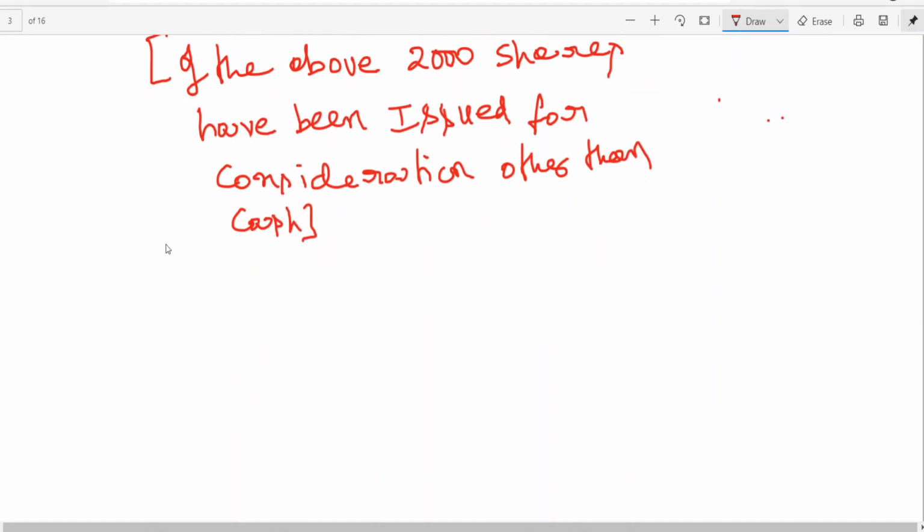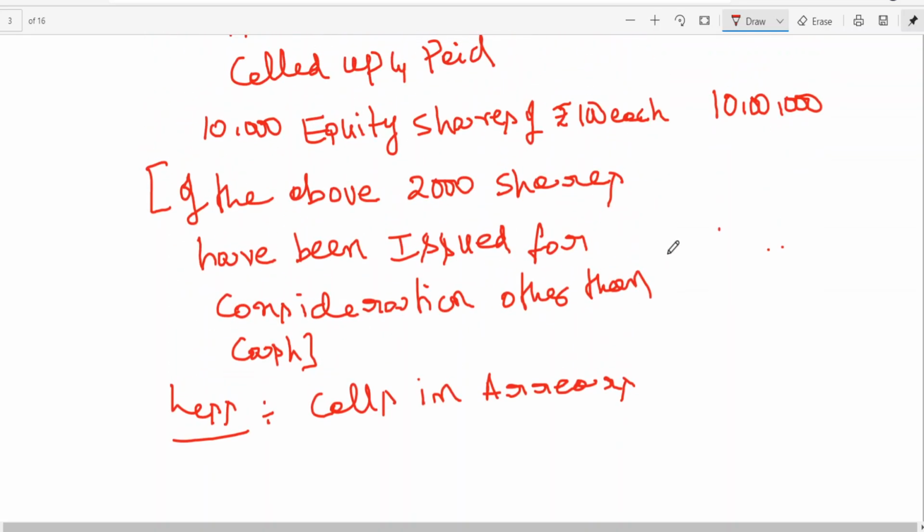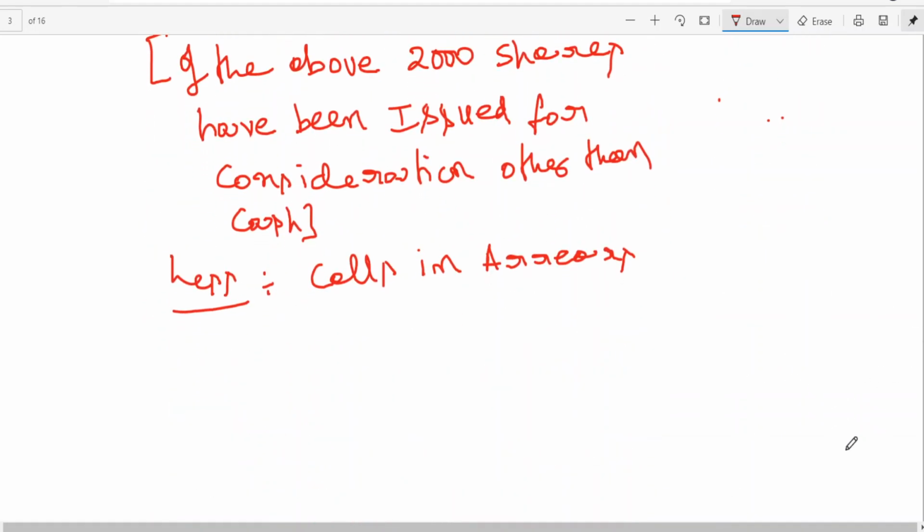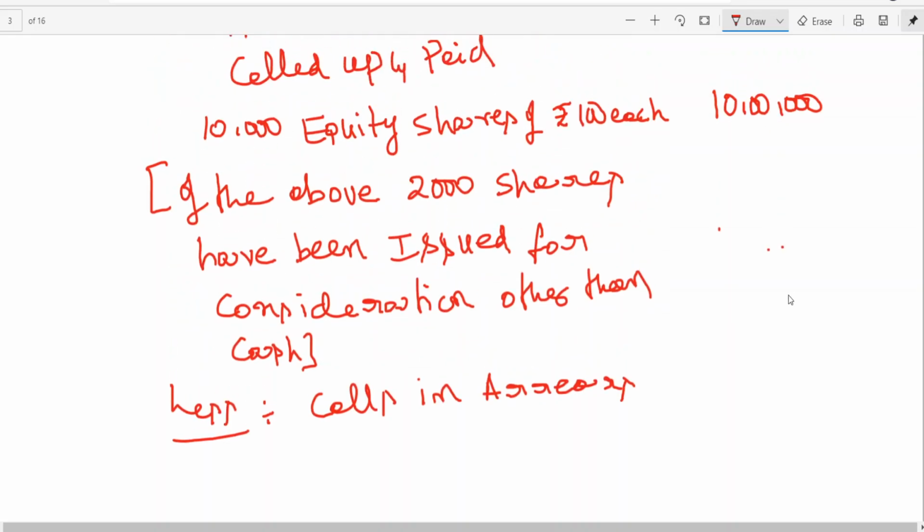Now here, less, now you write. I told you calls in arrears was given there, second item. Calls in arrears will be adjusted from called up capital. Called up capital minus paid up capital. Here I have written everything. Issued, subscribed, called up, paid up is the same, no? If nothing is mentioned, same. So calls in arrears is coming to 1000. Otherwise, sometimes subscribed is different, called up is different, like that.